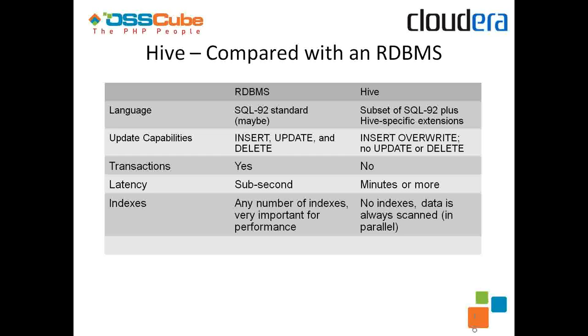So no updates. You cannot update a record, and you cannot insert individual records. There's no support for transactions. There's high latency, because a typical query or MapReduce job can take several minutes or more. And currently no indexes, but that is something they're currently working on.